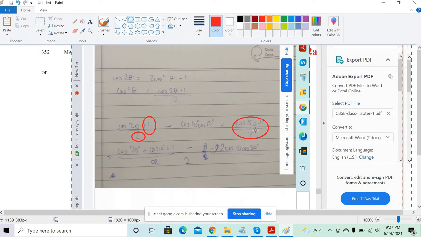2 cos C plus D by 2, 120 by 2. Oh, it came. Yeah, like it came in proper values. Let's try.